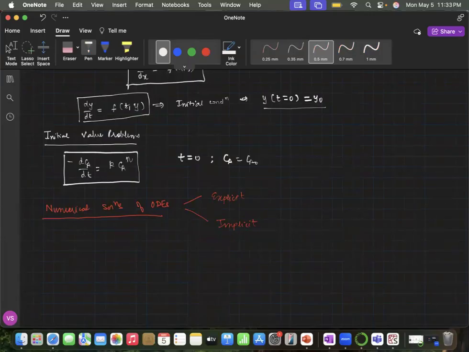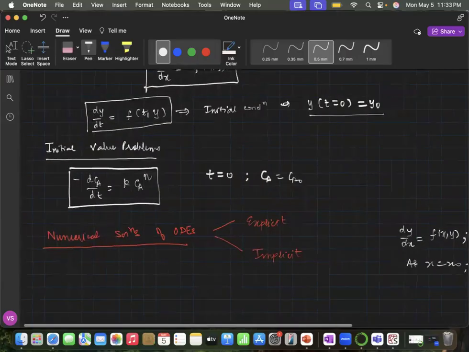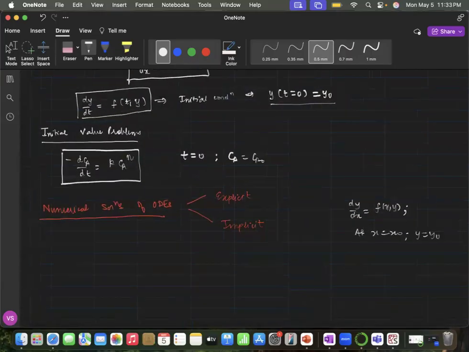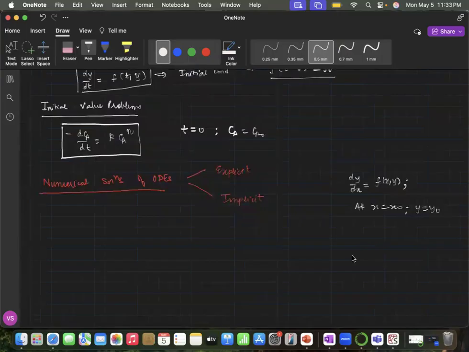In the case of an initial value problem, let's say we are trying to solve dy by dx equals f of x comma y with the given initial value that at x equals x naught, y is equal to y naught. So this is the initial value that is known to us, right?